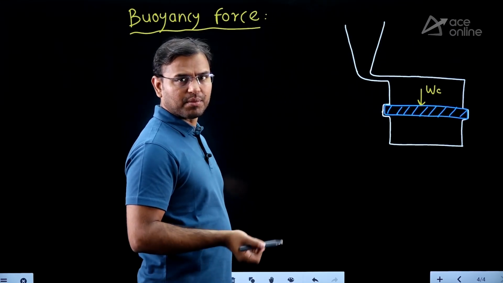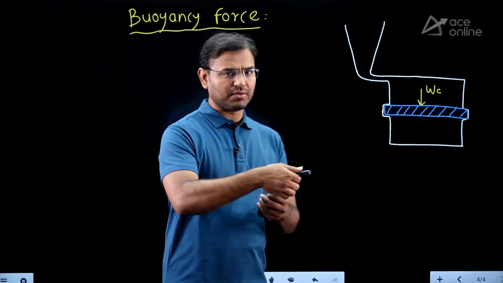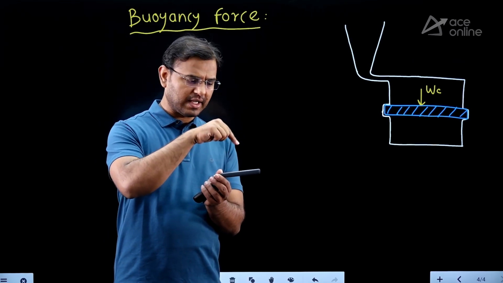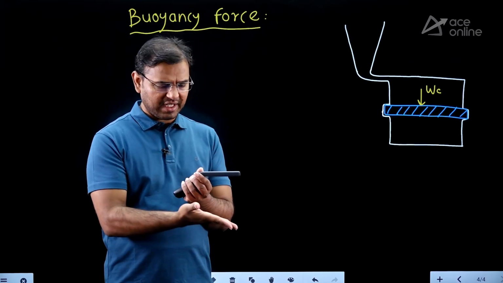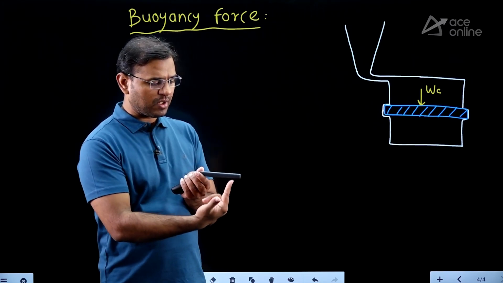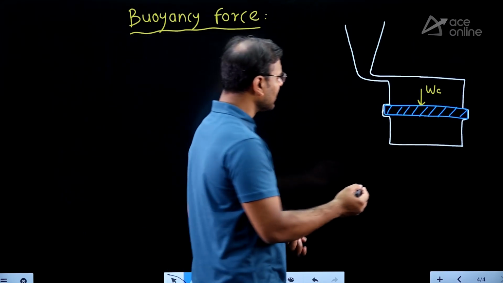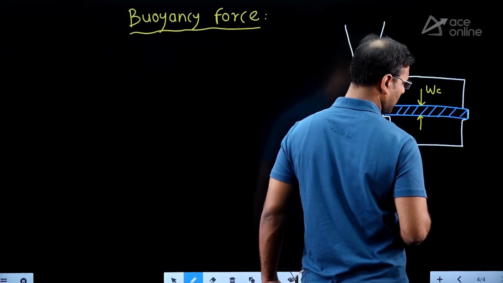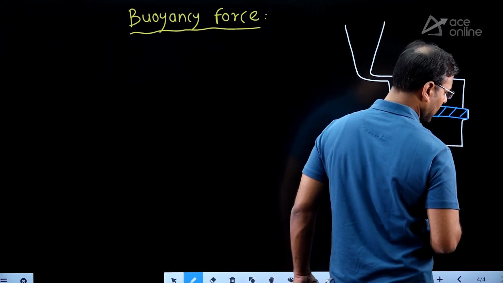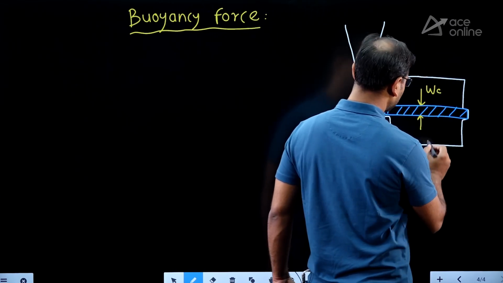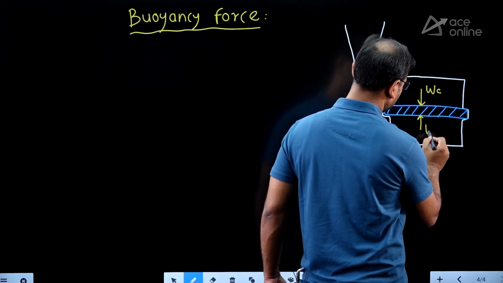And guys, when we are pouring the molten metal, now see, this plane is the core, and the molten metal from the front side as well as the back side will enter the cavity, and the casting cavity will be full of molten metal. When that molten metal touches the core, it starts giving a net upward force. That force is known as the buoyant force.